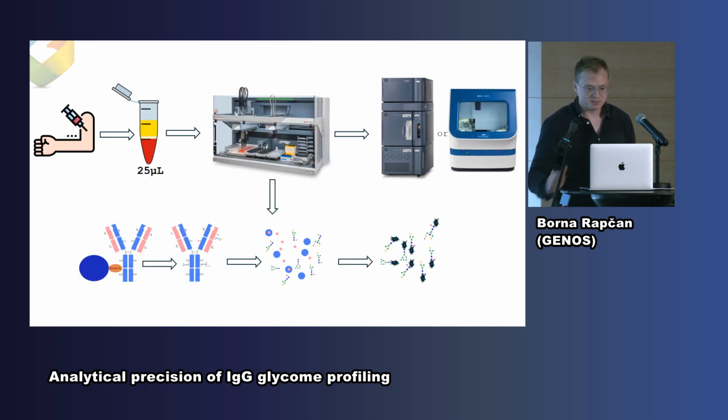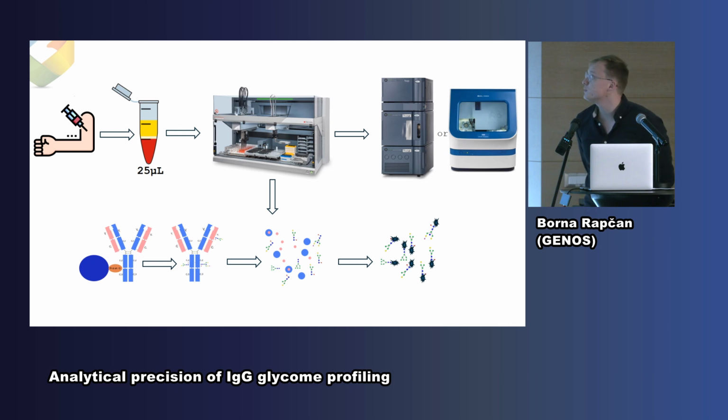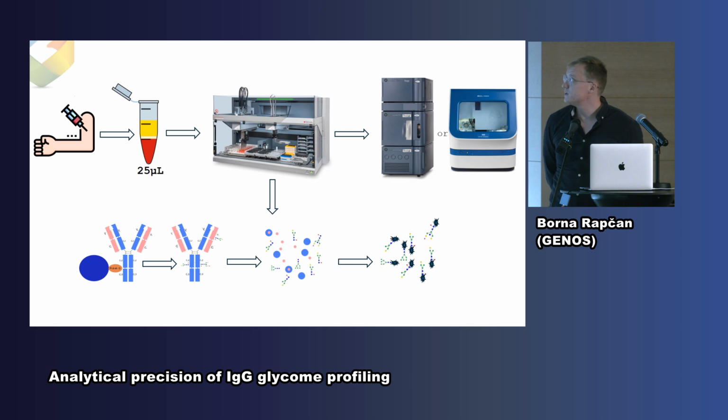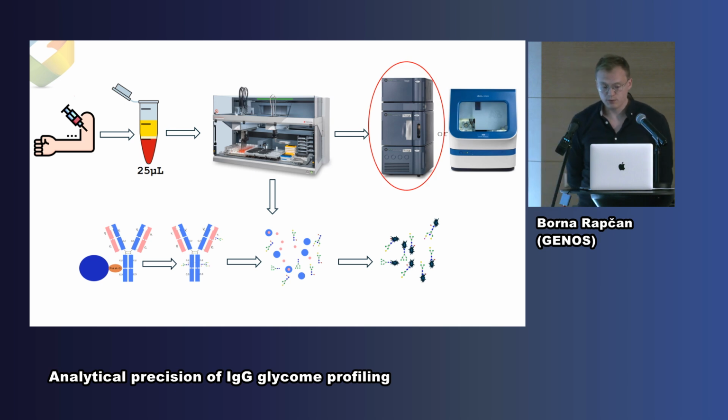What we tried to do in this paper, we tried to replace the manual processing of the glycans with an automated one. We used Tecan Freedom Evo 200 combined with A200 positive pressure units. And we created this method for UPLC, the one which was reported in this paper.